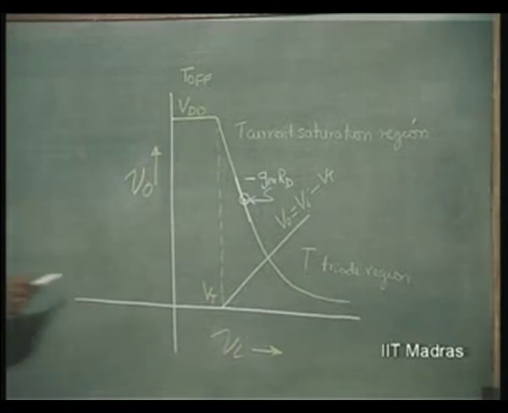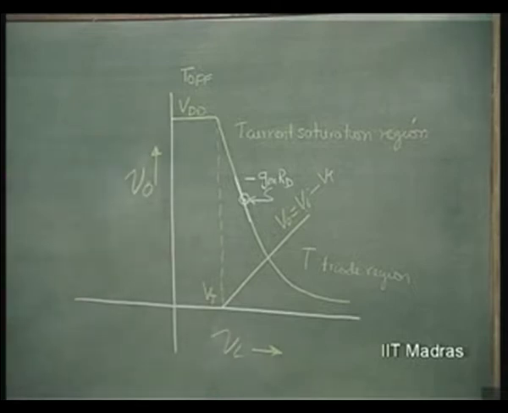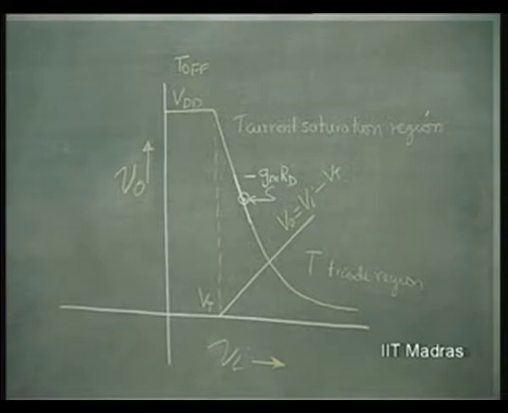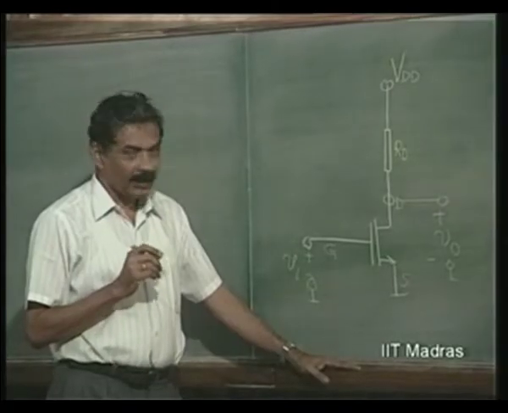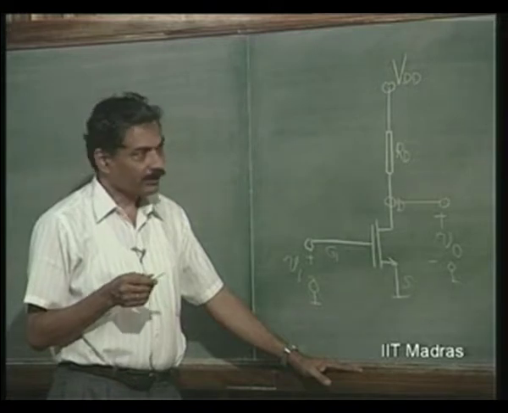Until Vi reaches Vt, no current will be flowing through this, and therefore this will be at VDD. Thereafter, this is an important point, the current starts flowing because Vi has exceeded Vt. So the current starts flowing.